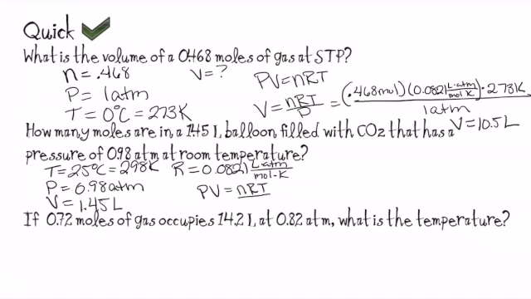So we need to divide both sides by RT. So n equals PV over RT. Now we can plug in what we know.